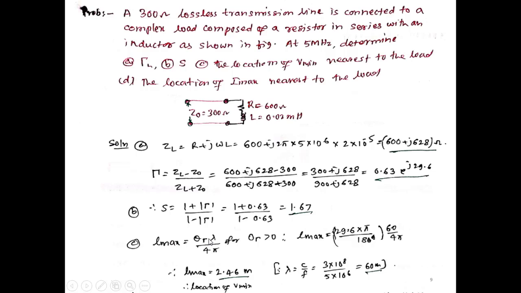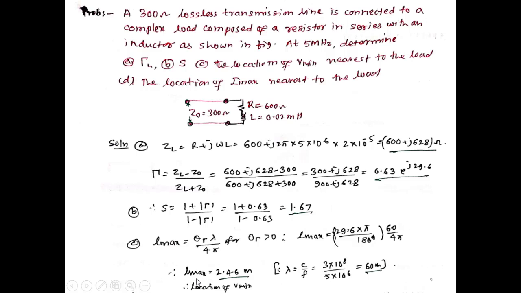L maximum is given by theta of the reflection coefficient times lambda divided by 4 pi, for theta greater than 0. Here theta angle is 29.6 degrees. You have to convert this into radians, therefore you multiply by pi by 180 degrees. And lambda is equal to c by f, which is 60 meter here, and 4 pi as it is.